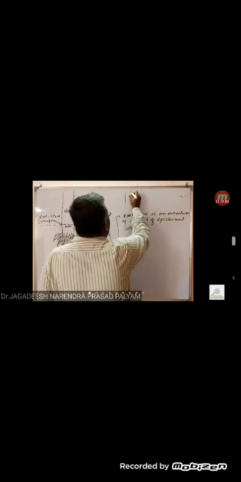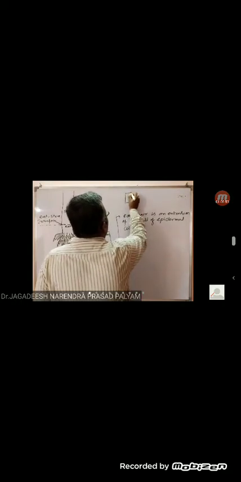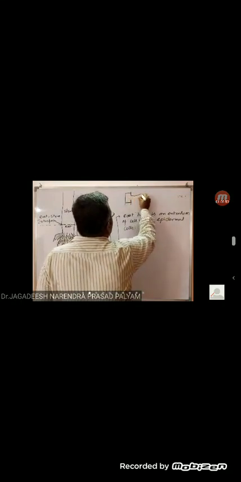Say if this is the epidermal cell, it is just an extension of the cell wall of the epidermal cell.